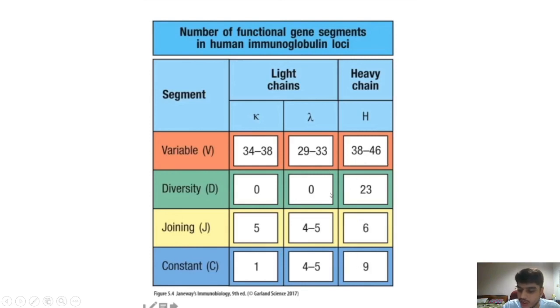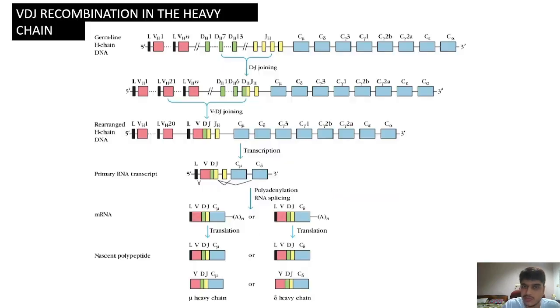And now for class switching, there is a mechanism where there are regions in between these constant segments. You see in between them there are segments which have switch regions.